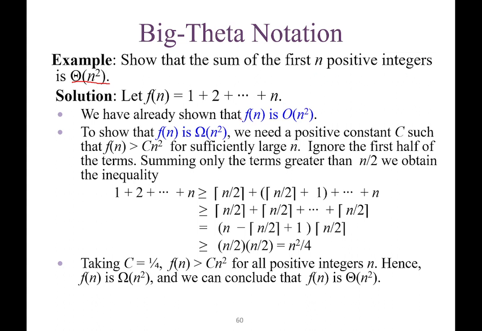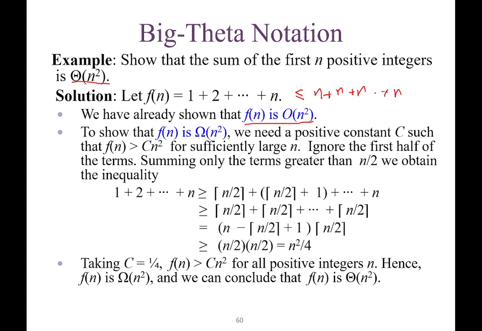So in this case, we need to show that 1 plus 2 plus ... plus n is big O of n squared. We have shown that before, right? Because 1 plus 2 plus ... plus n is less than n plus n plus ... plus n, which is n times n, n squared. So we have shown that f of n is big O of n squared.